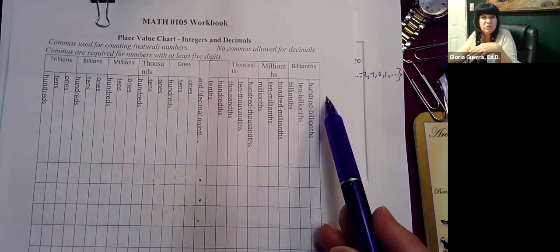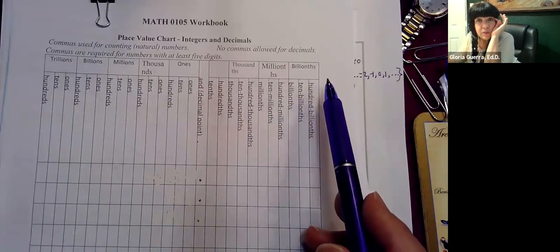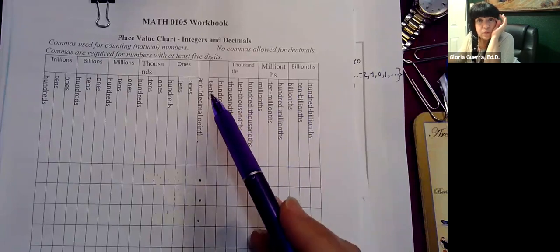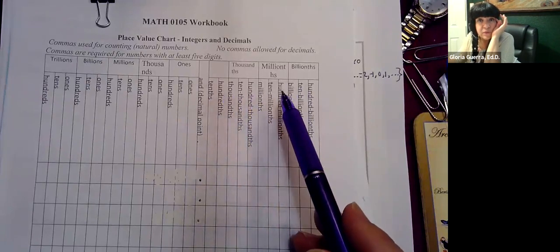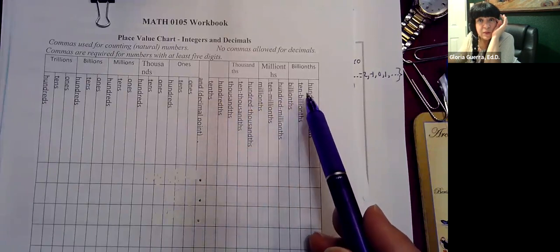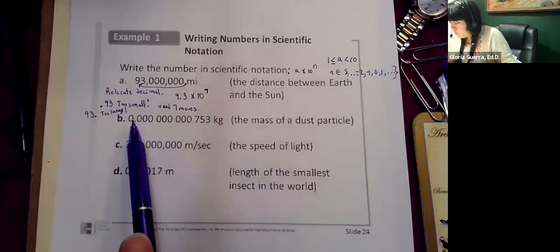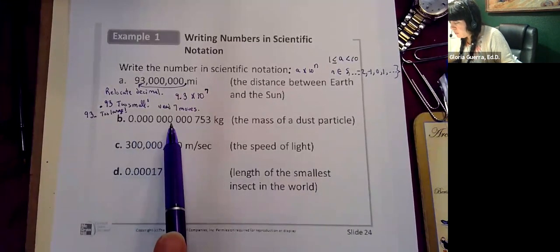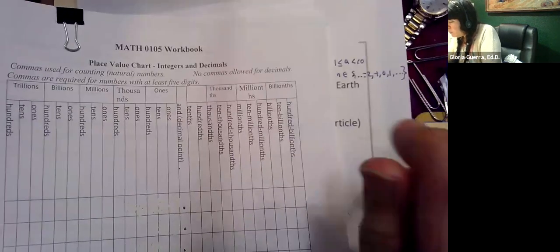Since it's just one more larger, I know this is billions. 1, 2, 3, 4, 5, 6, 7, 8, 9, 10, 11, and I needed 12, right? It's the next period over.